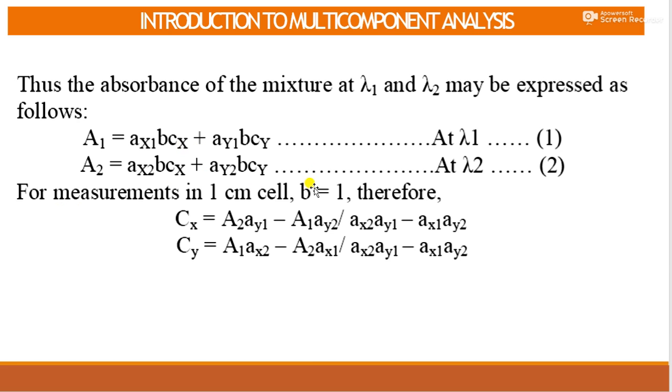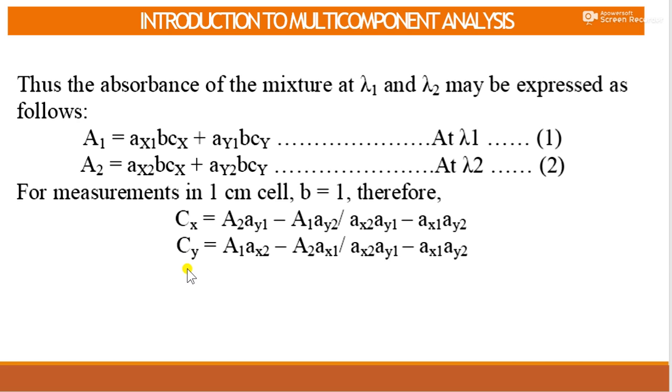You can rearrange these two equations and calculate the value of Cx. Cx can be calculated as capital A2 into Ay1 minus capital A1 into Ay2, upon Ax2 into Ay1 minus Ax1 into Ay2.